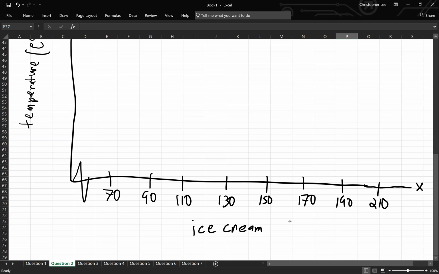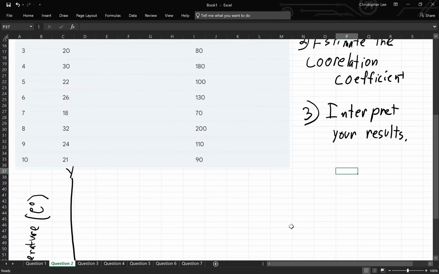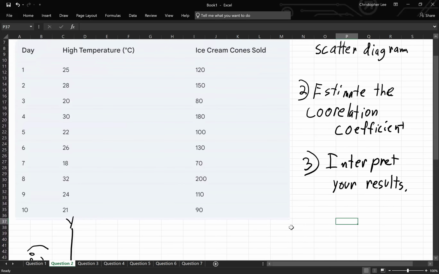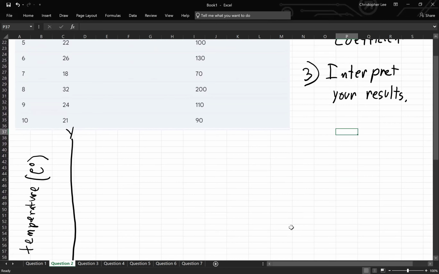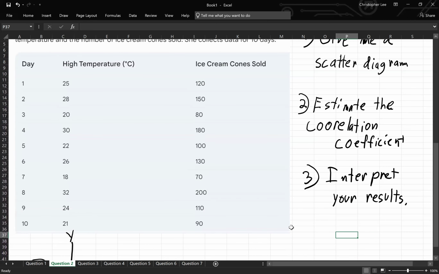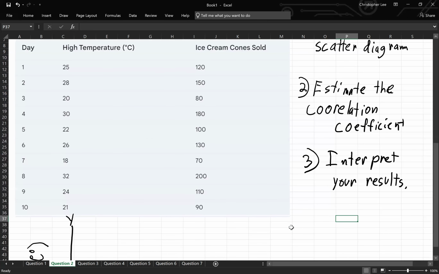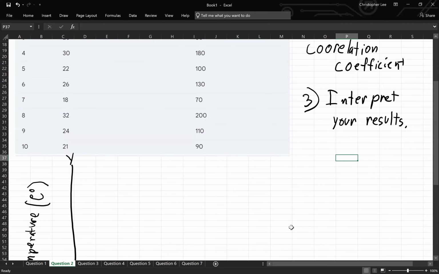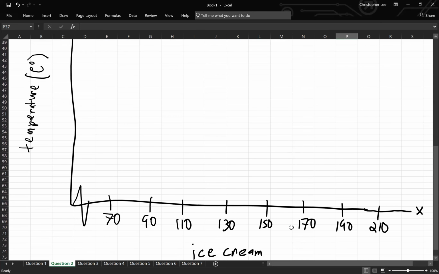All right. And then for the temperature, I want to go from 0 to 32. What's the smallest number there? Let me take a look. Smallest one is like 18, I think. Since the smallest number is 18, I feel like skipping a few numbers, going to 10.